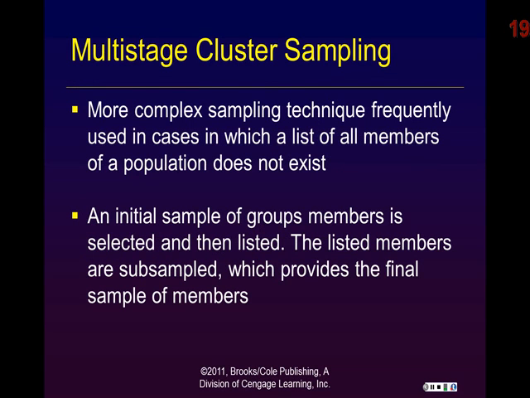Multistage cluster sampling is a much more complex technique. Using any type of cluster sampling, we will first randomly select from within a cluster, say everyone in zip code 64109. Or we may randomly select just blocks from 64109 and then randomly select within each one of those blocks. Or we may be a little bit more purposeful.